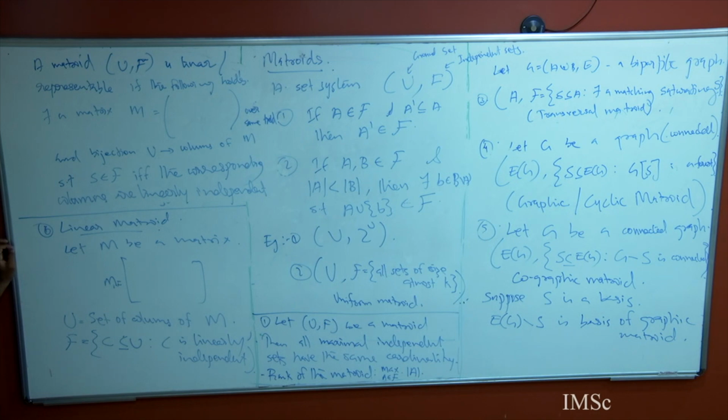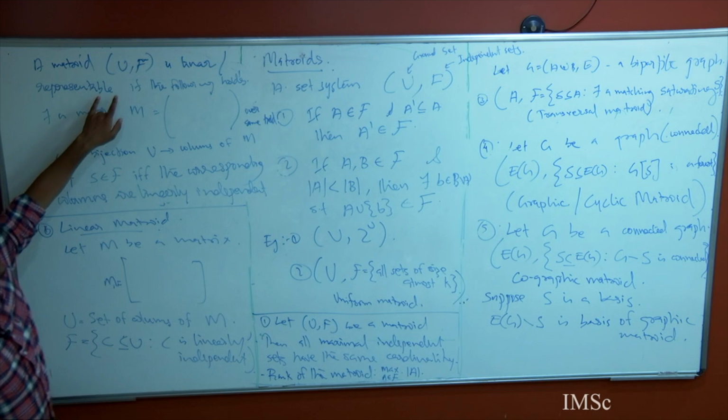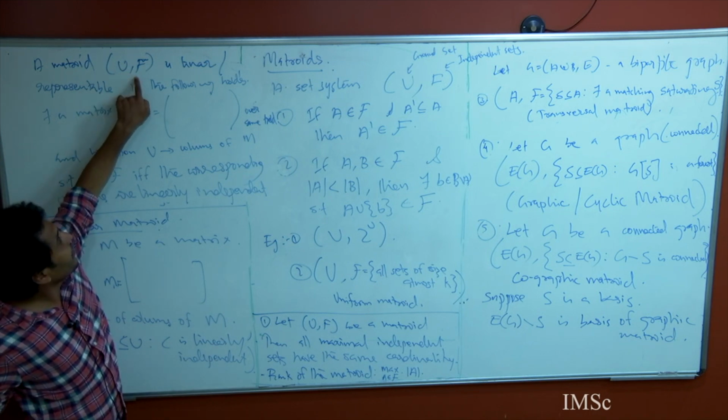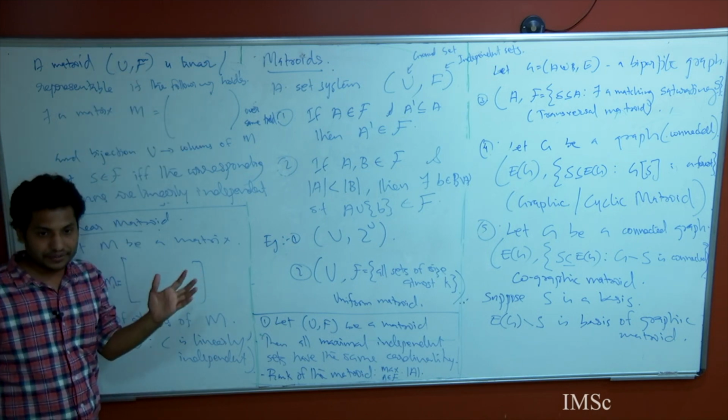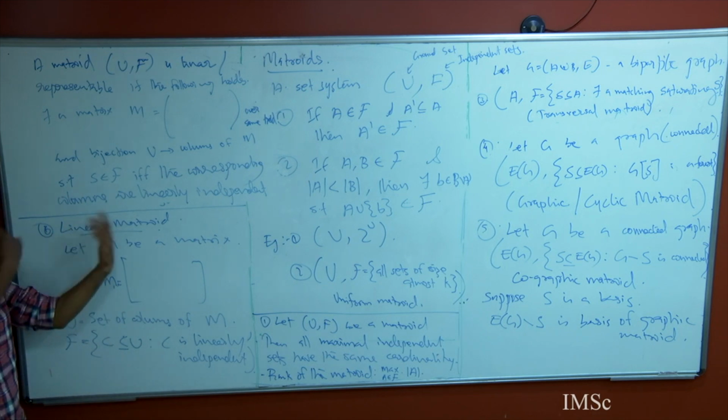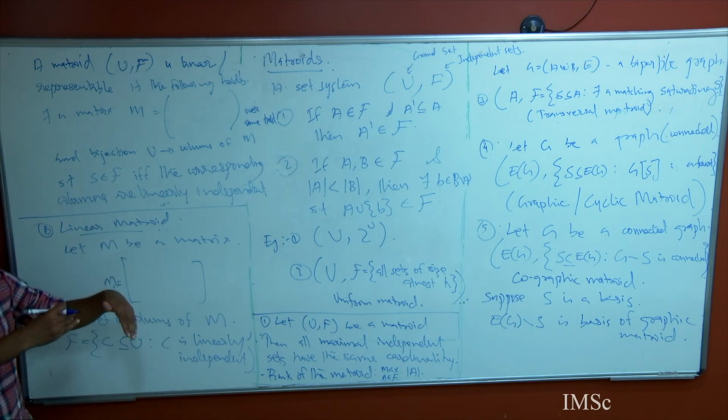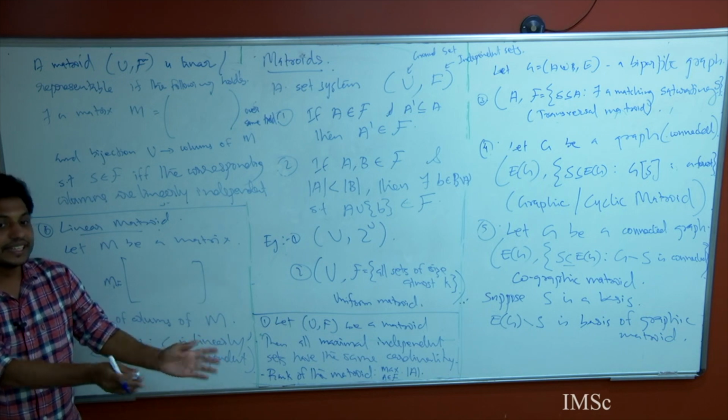Right, this is clear, which means that a matroid I can represent as a matrix, and independence in a matroid translates to linear independence.